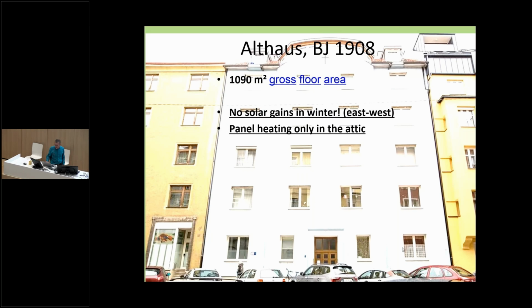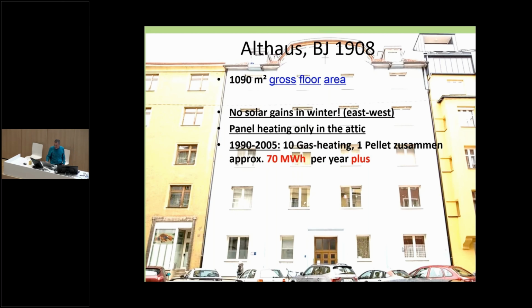Yeah, we had panel heating or floor heating or wall heating only in the 2 attic tops. And till 1990, there were coal and oil heatings, and in the 90s, everybody installed gas heating.